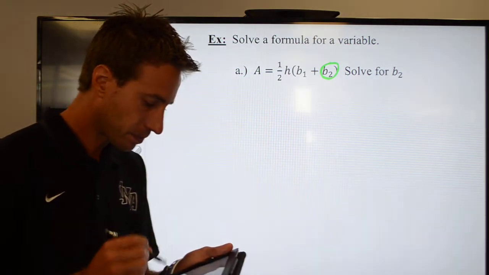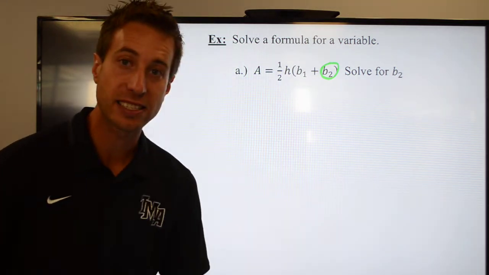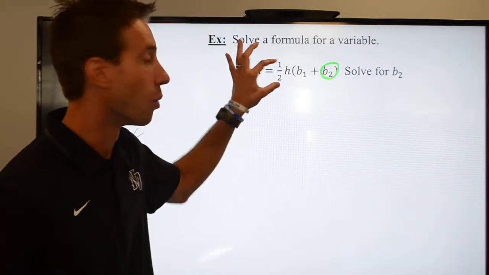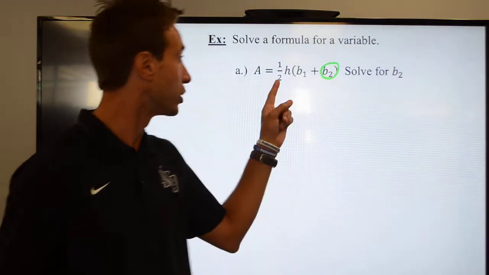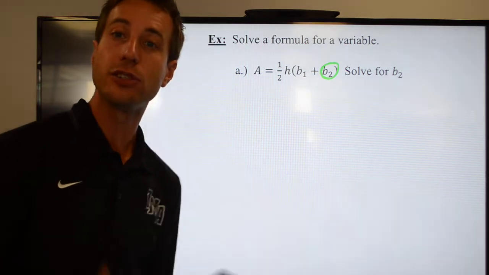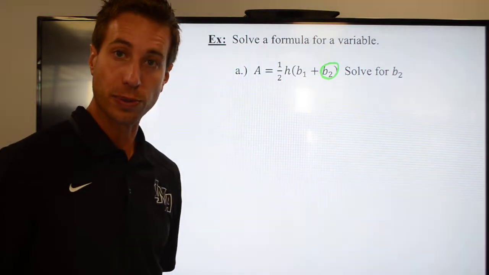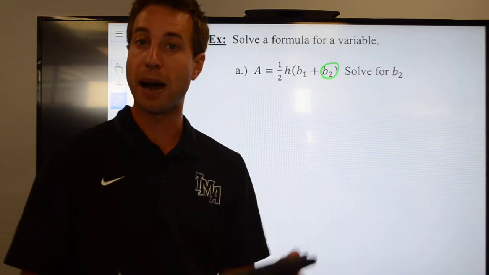Here we go. The first thing I need to do, since I'm trying to get this B2 by itself, is take care of this 1/2. Well, 1/2 simply means dividing by 2, which is exactly what you're shown. How do I undo division? Multiplication. We'll need to multiply both sides of this equation by 2.